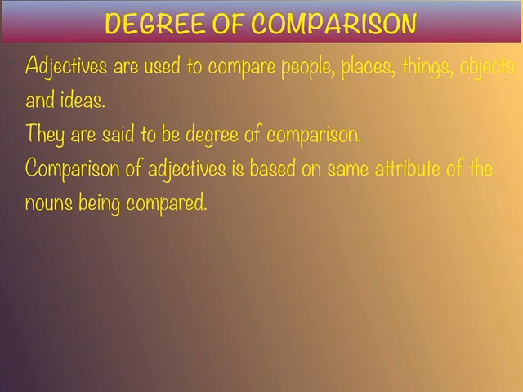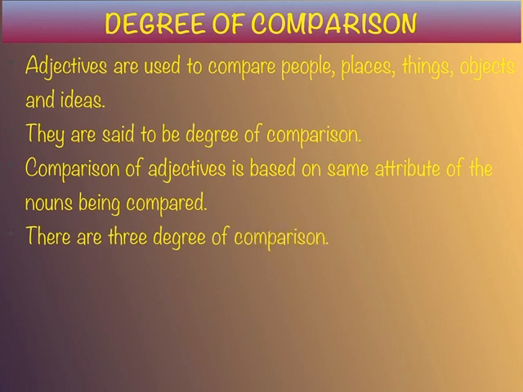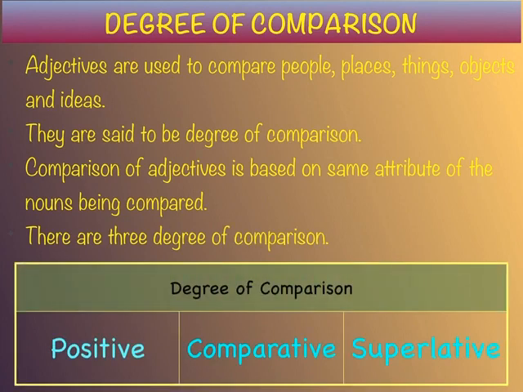Just like in the previous example, we compared the balls on the basis of their size, and so whenever there is a comparison between two or more nouns, it should be compared on the basis of the same attribute or same characteristics. Now there are three degrees of comparison and they are positive, comparative and superlative.